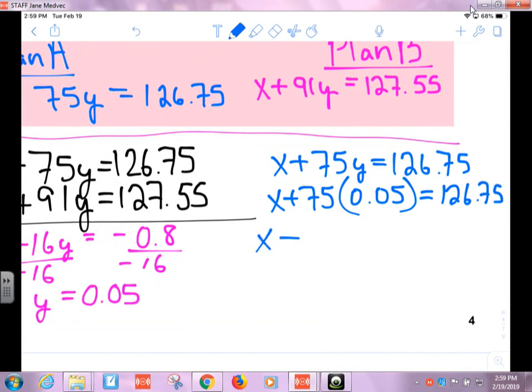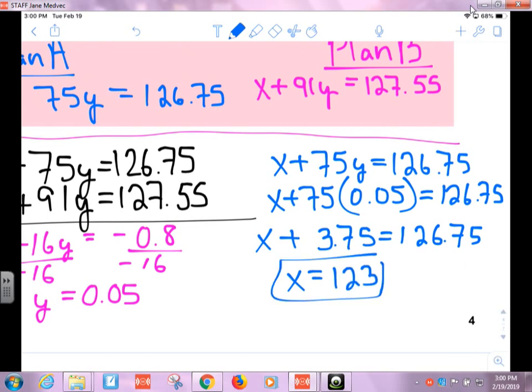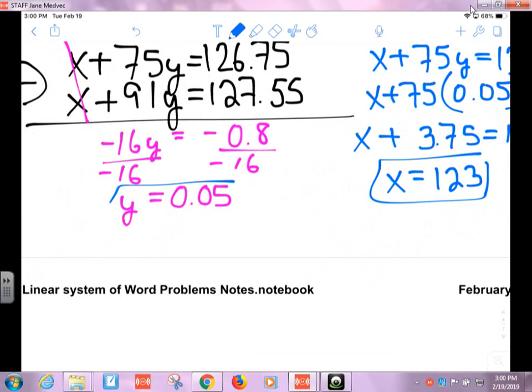I'm going to go ahead and multiply that: 75 times 0.05, I get 3.75. I'm going to subtract that then. And so x ends up giving me 123.